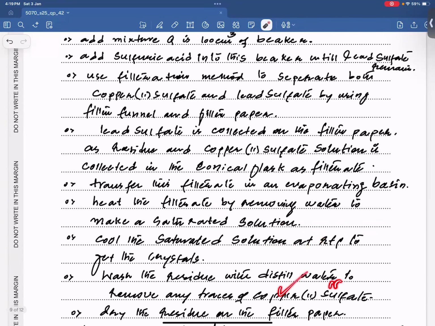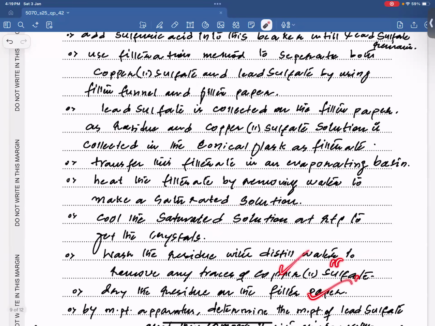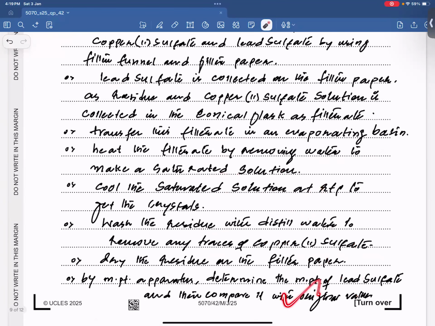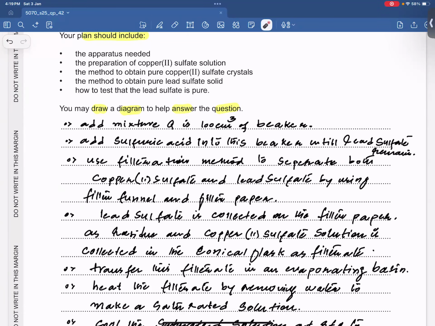Residue, okay. One thing: how will I know the reaction is complete? So I have written here: add sulfuric acid into this beaker until lead 2 sulfate remains. I think that is fine, it is not wrong, but better would be: until effervescence stops coming.